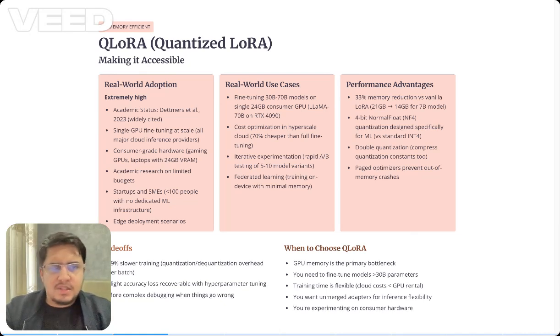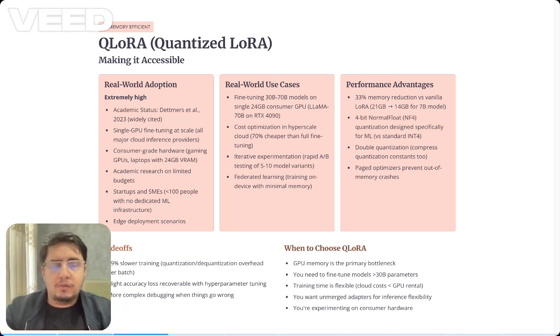It is primarily used for academic research on limited budgets. Startups or small scale enterprises that don't have a dedicated ML infrastructure end up using it, and it's often used in edge deployment scenarios, basically allowing you to do LoRA on lesser hardware with a couple of trade-offs along the way.